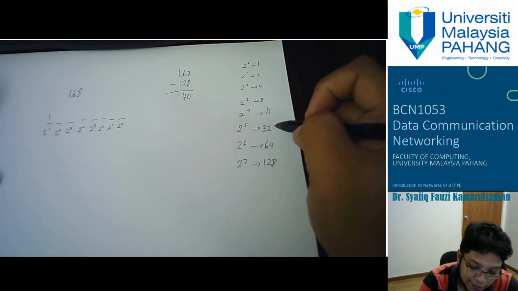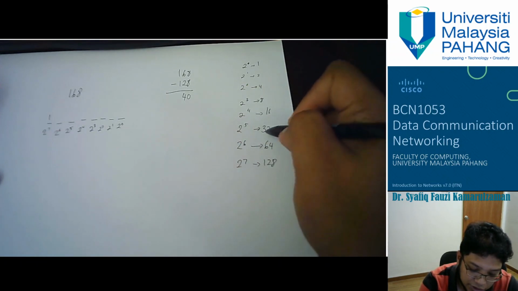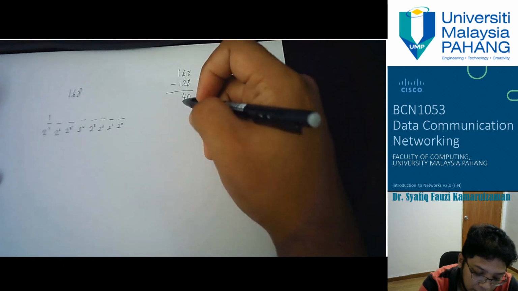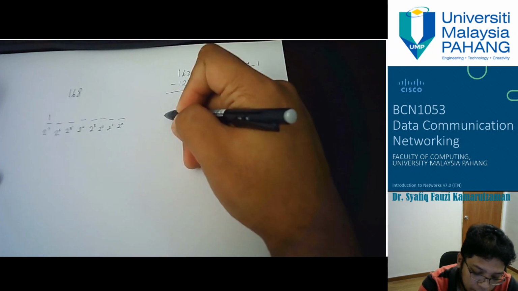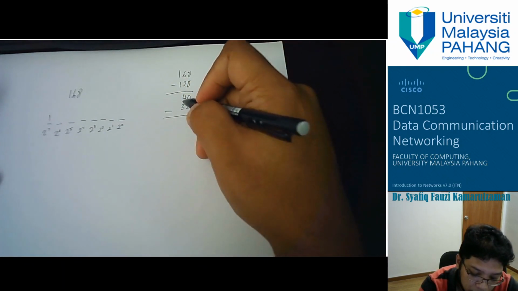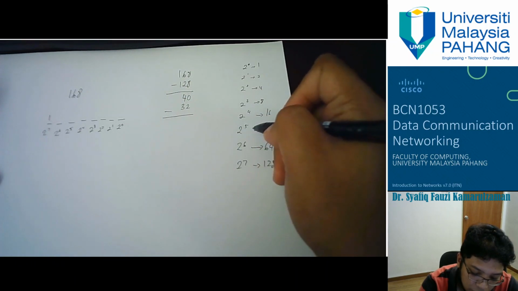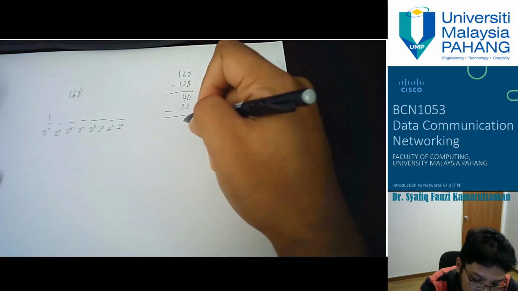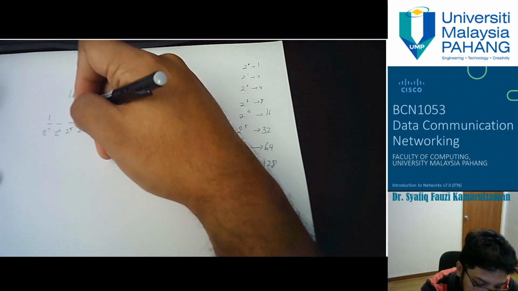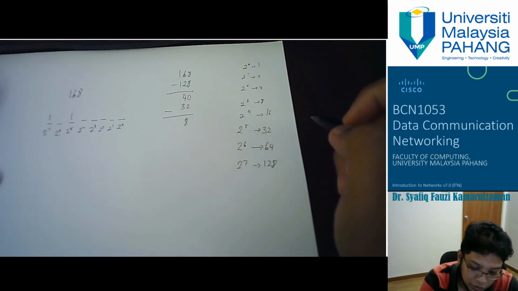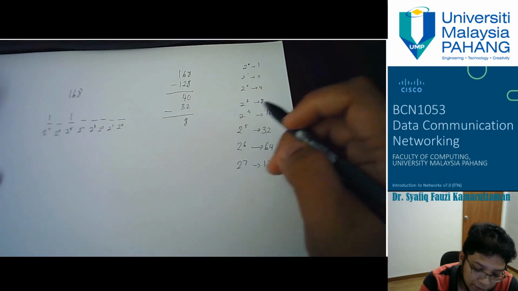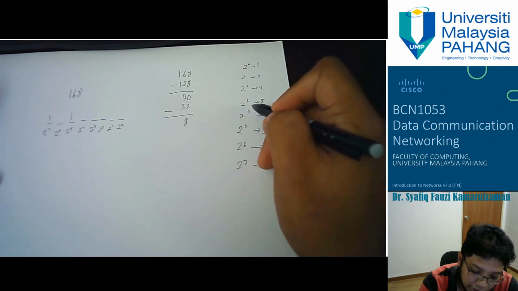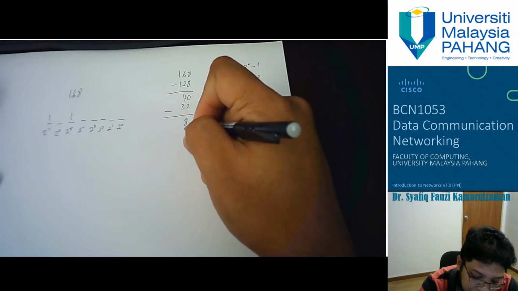So you choose the next power of 2 close to 40, which is 32. Subtract 32, which is 2 power of 5, and put 1 at 2 power of 5. Then the remainder is 8. The next closest power of 2 is 2 power of 3, which is 8.